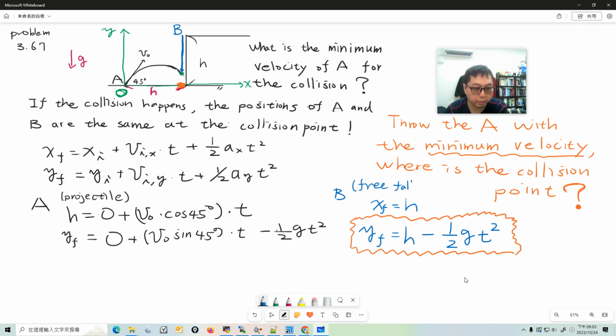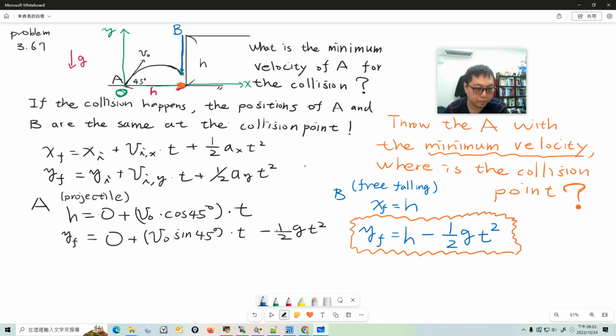So the coordinate of y of the free falling motion. Look at this term. This gives us the hint to solve this problem. If I throw the ball at the minimum velocity, the collision point is here, the orange point.